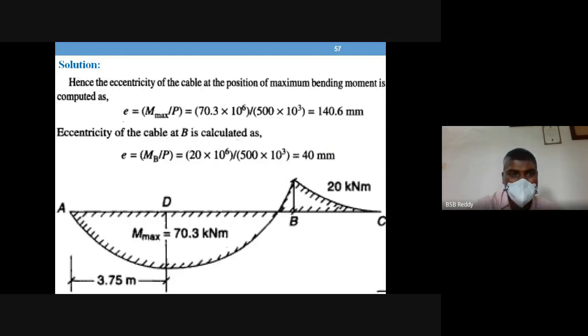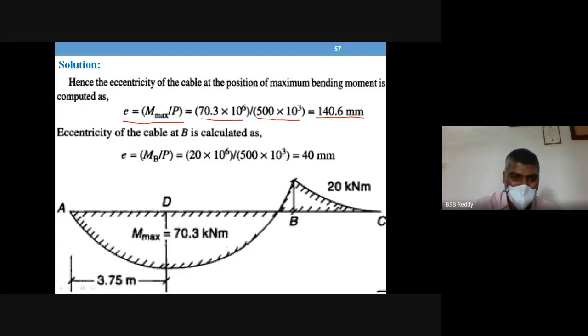Now you can get the eccentricity value, or the lever arm, M by P. As I said, bending moment divided by P, which is given as 500 kilonewtons. So 70.3 into 10 power 6 divided by P gives 140.6 mm.